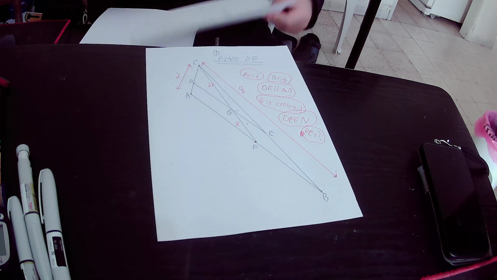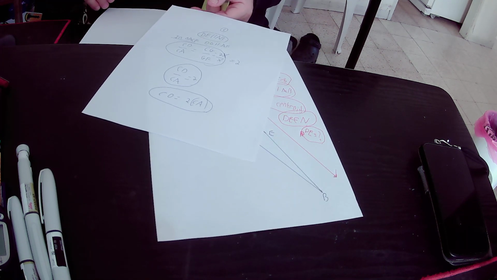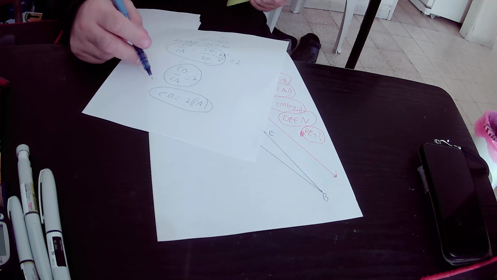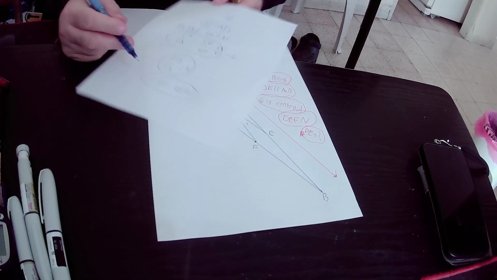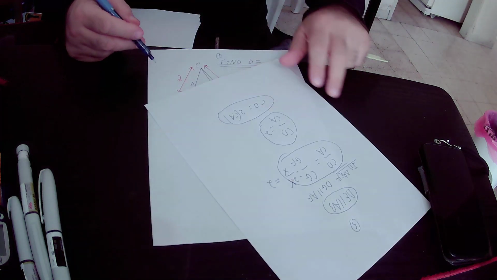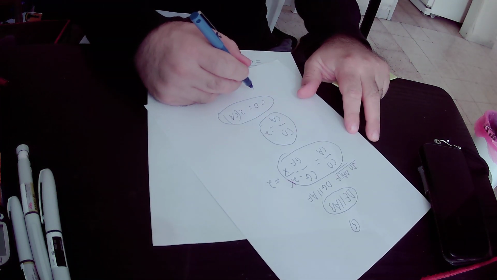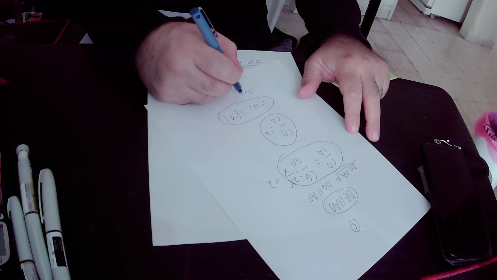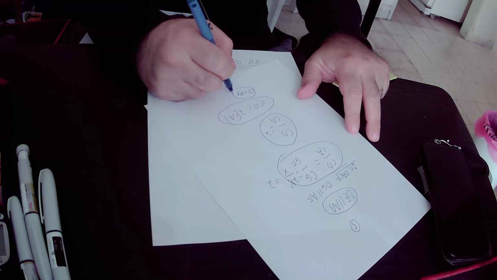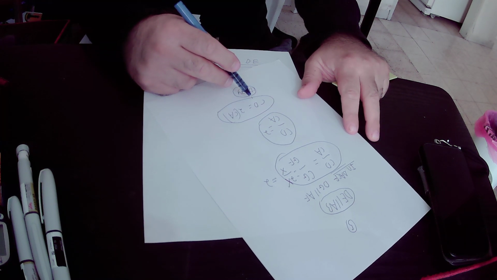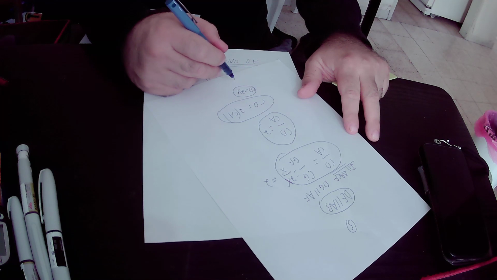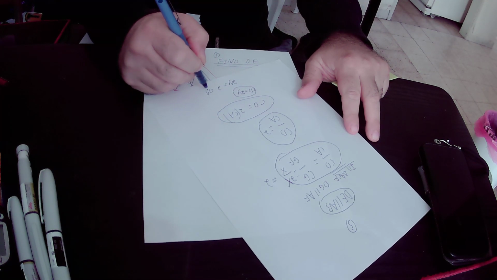CD equals 2 times CA, so if CD equals 2y according to our definition, then we can substitute CD by 2y in this equality, and we will get that 2y equals 2 times CA.